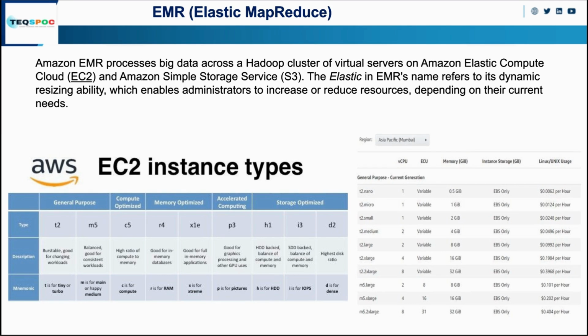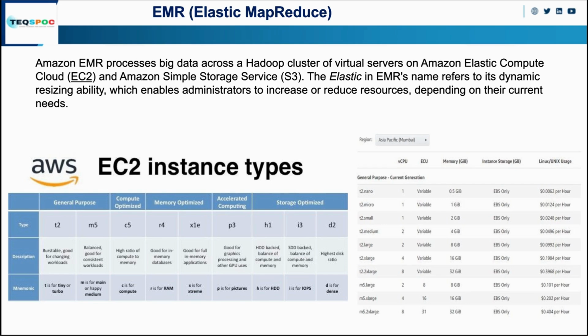If you need to deploy some application or create a Hadoop cluster, you have to do all those things by yourself using EC2 instances. Whereas EMR will provide you a cluster of EC2 instances where each and every one of the big data tools will be already pre-installed.